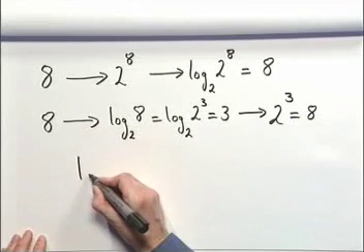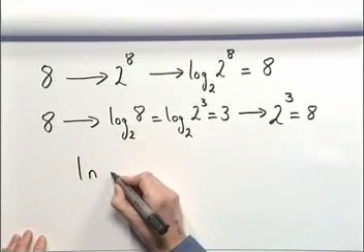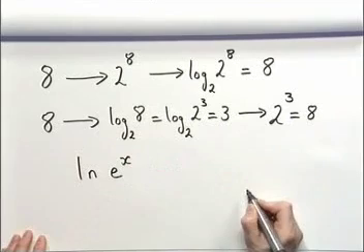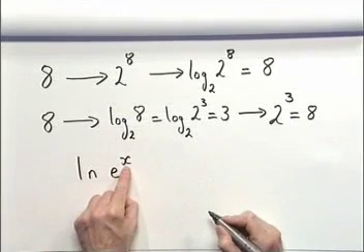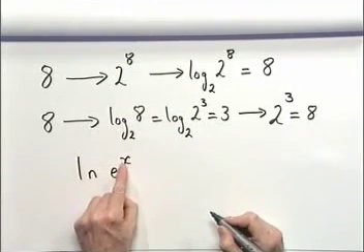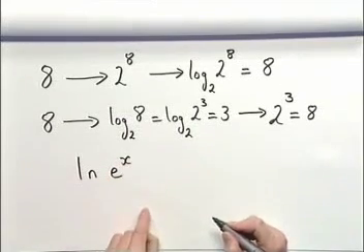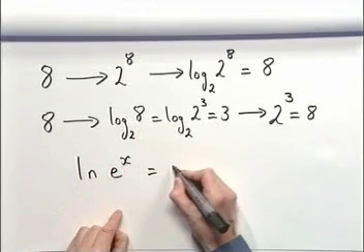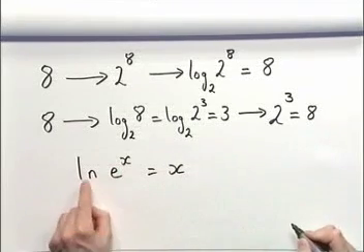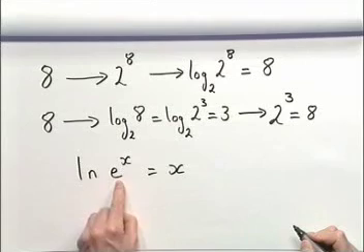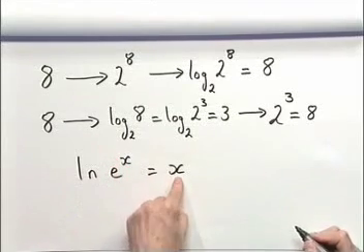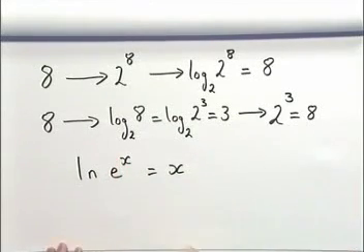Well, it means that the natural log of e to the x, here I've taken x as a power and I've raised the base e to that power x, and then I've taken the log. The log undoes what I did with the x and leaves me with x again.